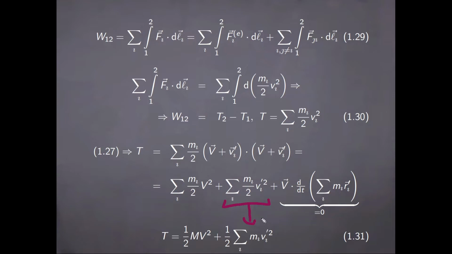So it's going to be the kinetic energy of the particles as they move around the center of mass. And the last term vanishes by virtue of the previous argument, namely because it contains this sum, which amounts to the coordinates of the center of mass in the reference frame where the center of mass is located at the origin, and as such the sum is 0.